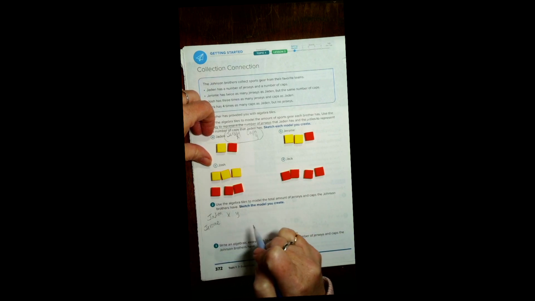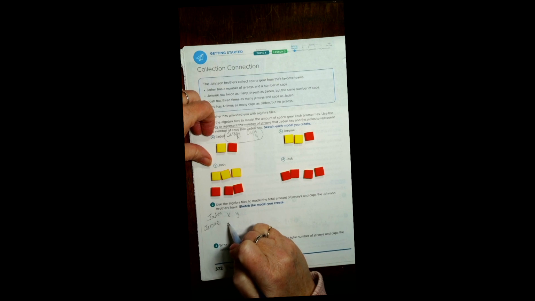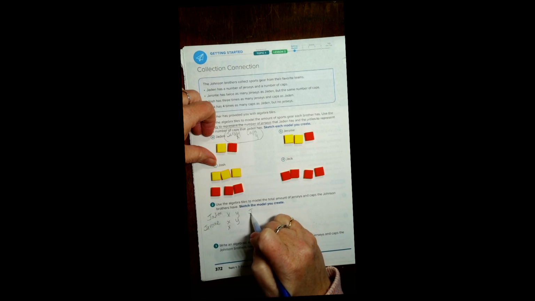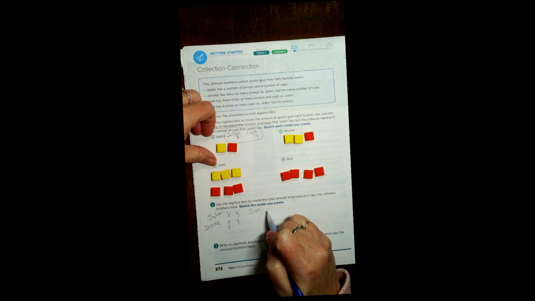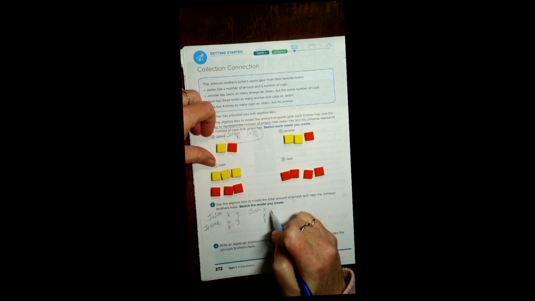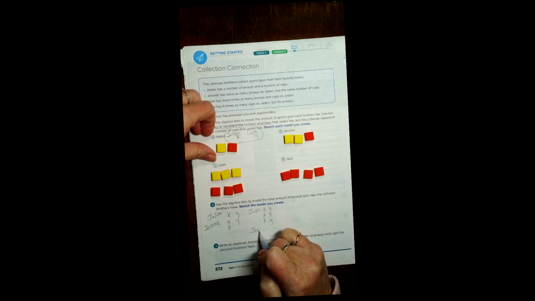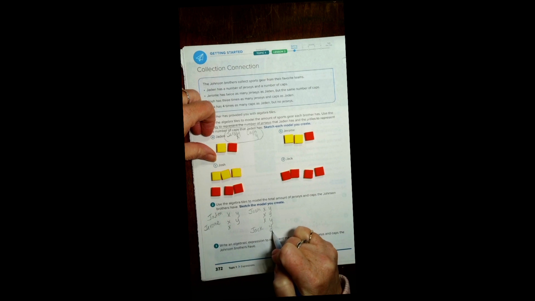Jerome has 2 X's and 1 Y. Josh has 3 X's and 3 Y's. Jack has 4 Y's.